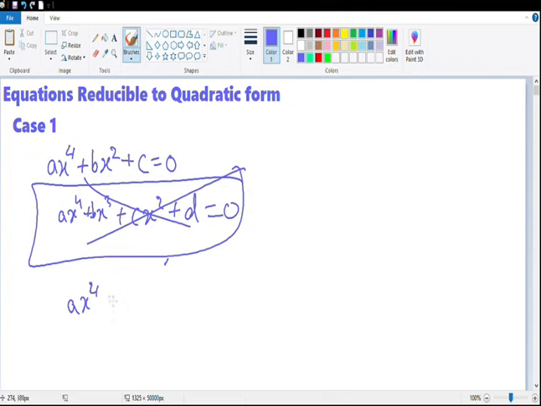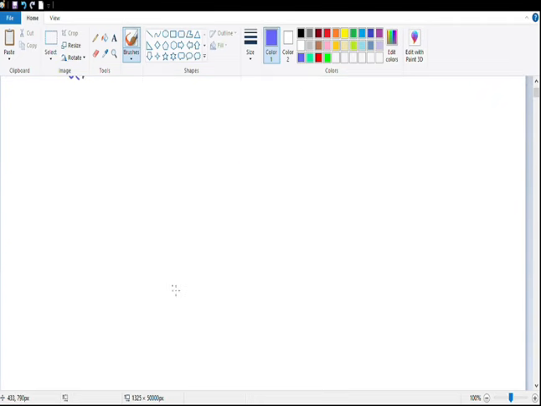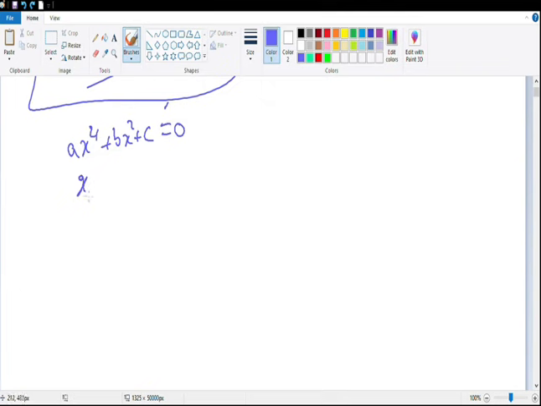ax to the fourth power plus bx squared plus c is equal to 0. So here we can replace the x squared with y, or another variable you could say. So say x squared is equal to y. If x squared was y, then x to the fourth power would be y squared, right?